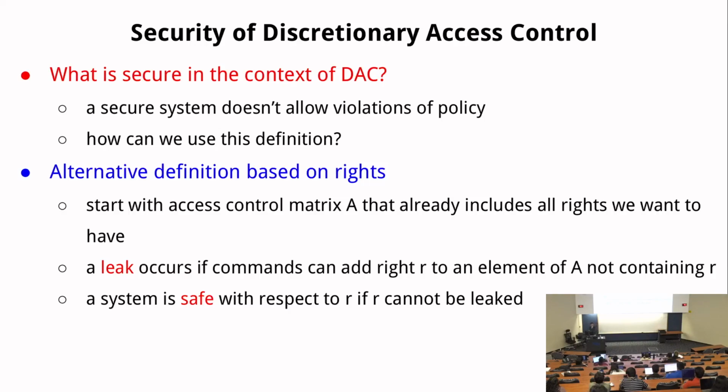We define a leak as some transition, some command that can add a right to an element for a subject that did not have the permission of that right before. So we say a system is safe, meaning no one can violate the access control rules.